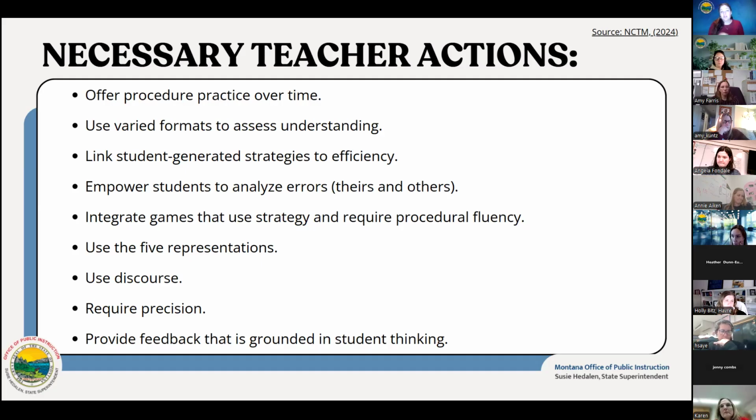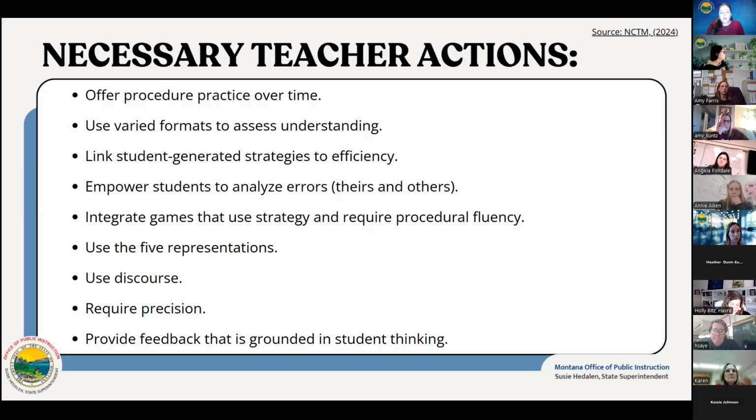So not just worksheets, is it correct? Which I think most of us on the call know, but also making sure that we're assessing things like student discourse and entrance and exit tickets and actual assessments, all those things as well. That we're empowering our students to look at errors and also analyze the strategies that they are seeing across the classroom for that efficiency component.